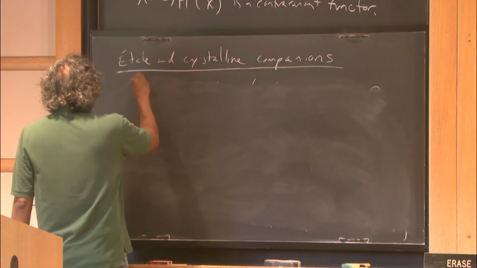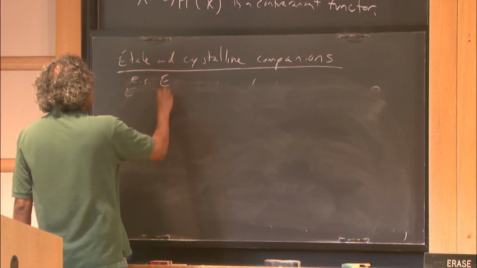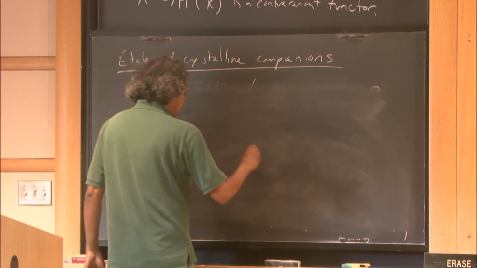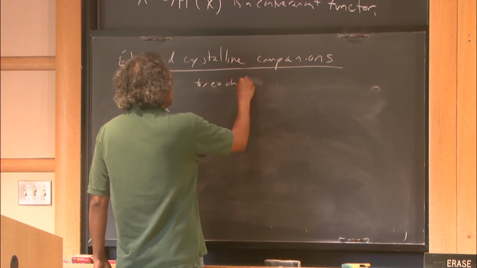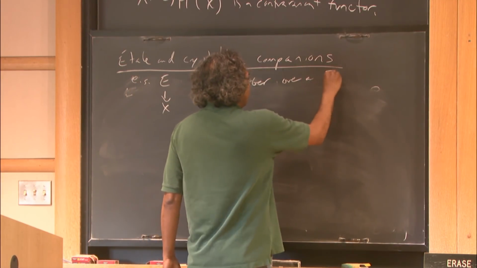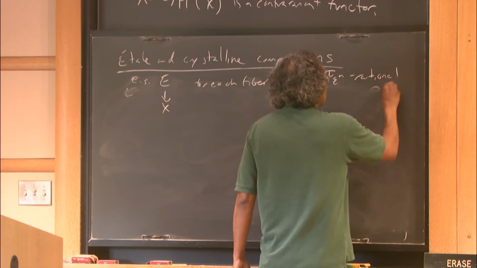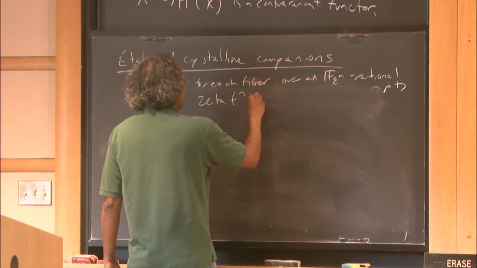So if I have a family of elliptic curves, say over some modular curve, for each fiber over, say, an F_q^n rational point, the zeta function has the form.